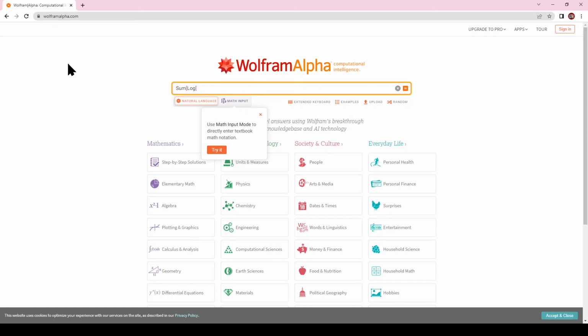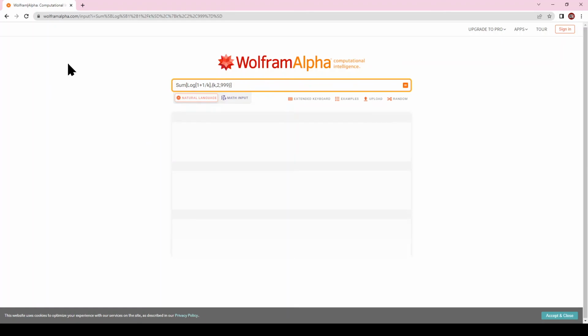And then 1 plus 1 over k, and it always confirms that with you. I don't know. Let us use the GeoGebra syntax. But I know that the syntax in Mathematica is k, and then I write 2, and then I write 999, and then I close the curly brackets, and then I put it this way. It doesn't matter if you write it like this, but hopefully, if I haven't forgotten. Anyway, you enter this one to see how it goes.